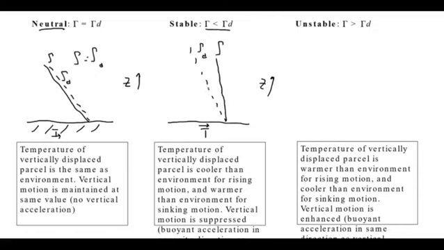So this is a stable situation. An example of an extremely stable situation is a temperature inversion, where temperature rises with height. That would be a situation where the lapse rate is much, much less than the adiabatic lapse rate. So that's an extreme example of stability, the temperature inversion.